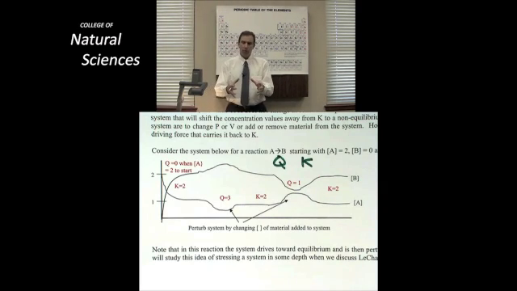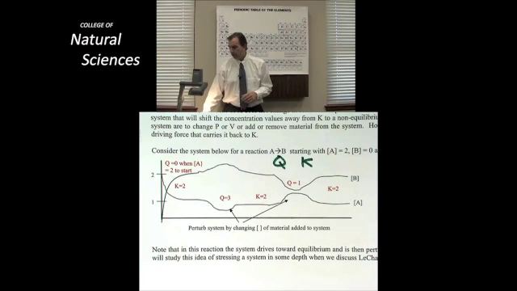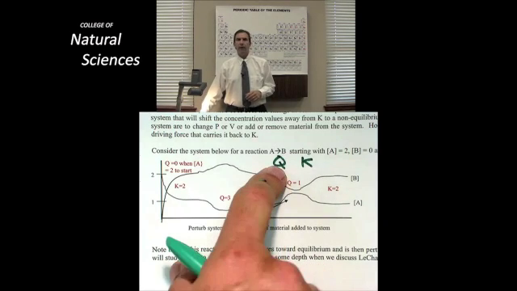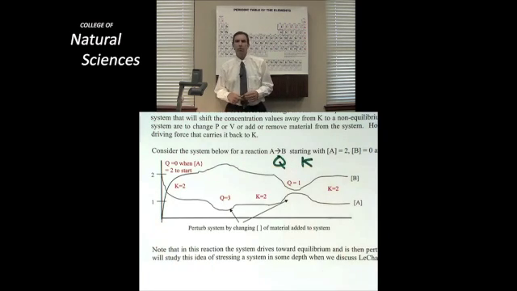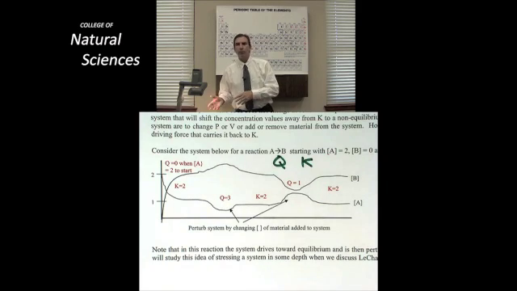I've got a balloon, I set it down, I sit on top of it, I've increased the pressure on the system, and as a result, it drives it away from equilibrium toward some Q value, but then fights to get back to what K was. And a final way is to add material to the system, to change the concentration of the materials in there. That will stress the system away from equilibrium, and then it will drive itself back.